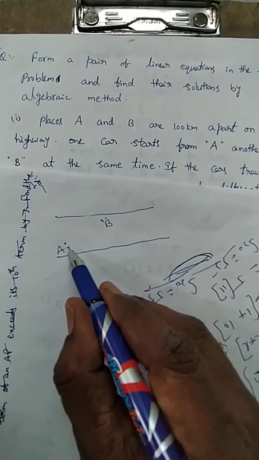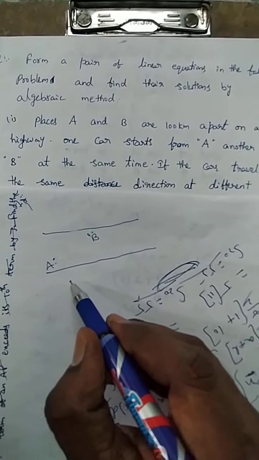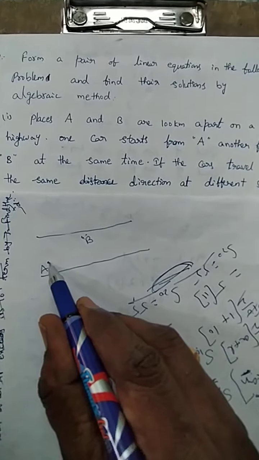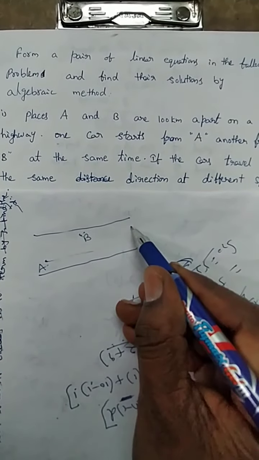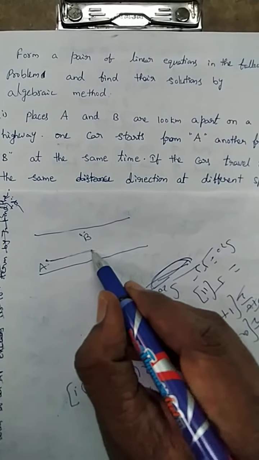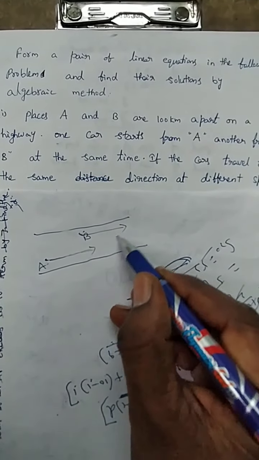The cars travel in the same direction. If one is traveling to this side, the other also travels to this side only.